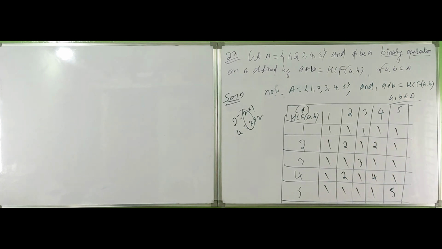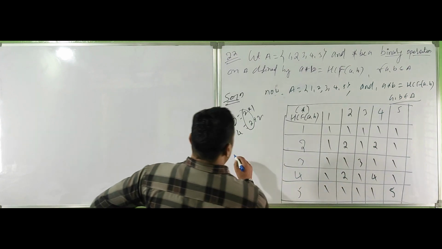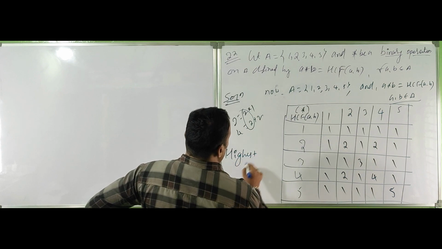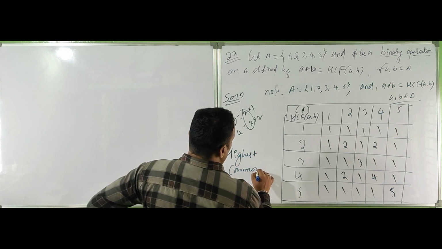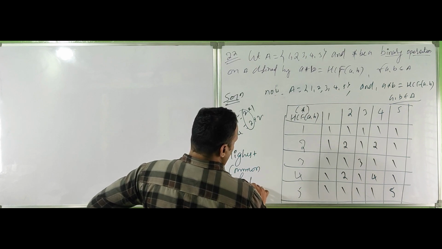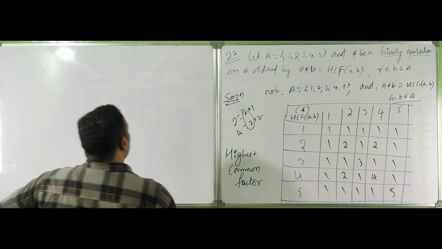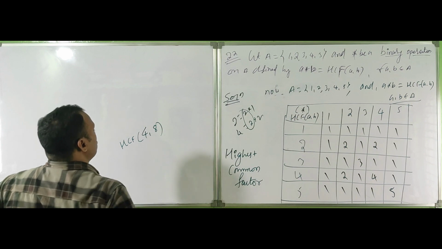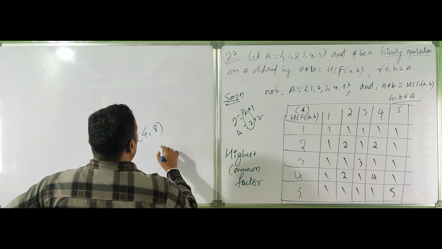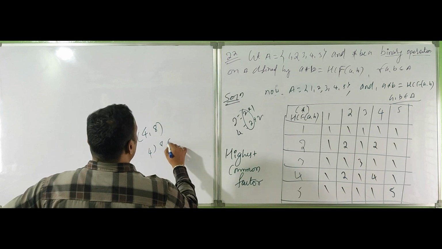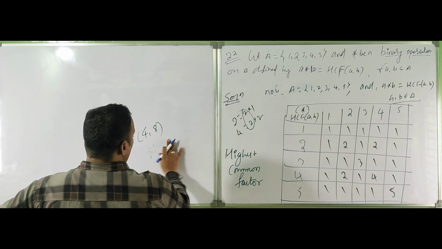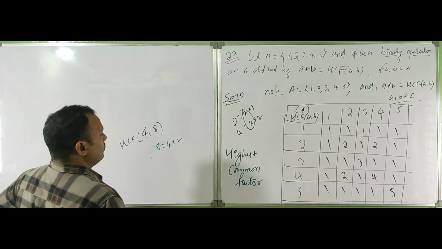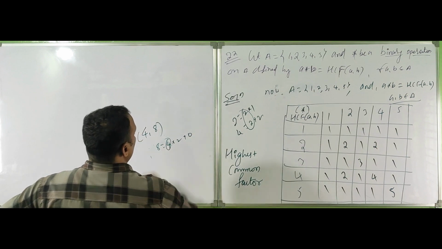See, simple. What is HCF? Highest common factor. HCF of 4 and 8: there are two methods. We can divide 8 by 4, using Euclid's method. 8 is 4 into 2, remainder 0, so this becomes 4.